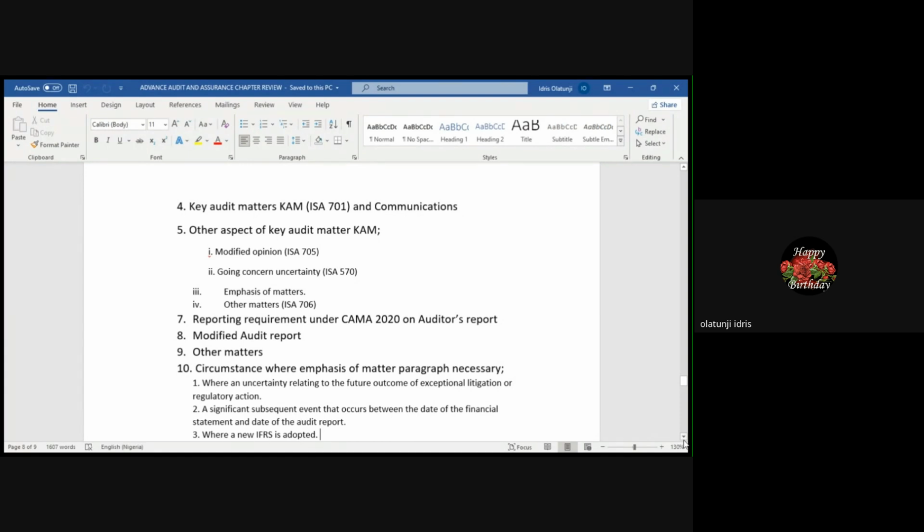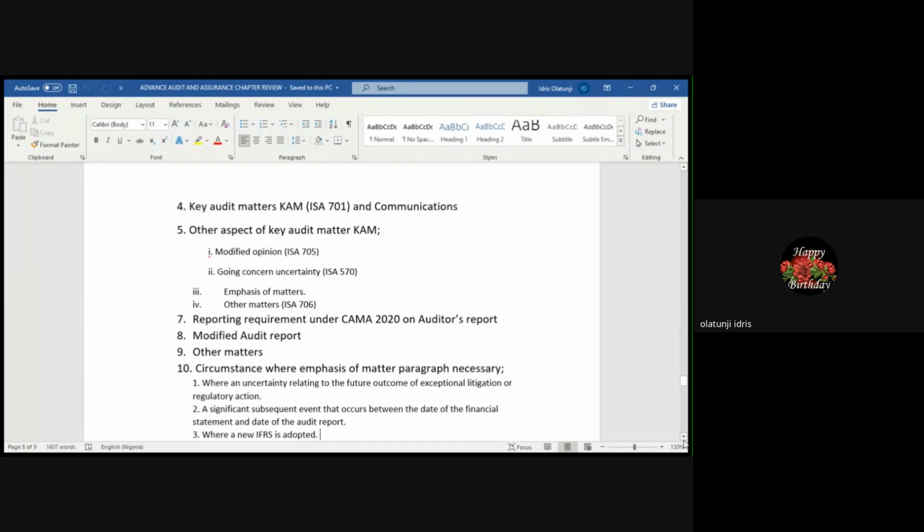Any matter like that will also be reported under key audit matter in the auditor's report. All these things I have been mentioning, the modified opinion, the going concern uncertainty, the emphasis of matter and other matter, are the matters that will be presented or recorded under key audit matter.